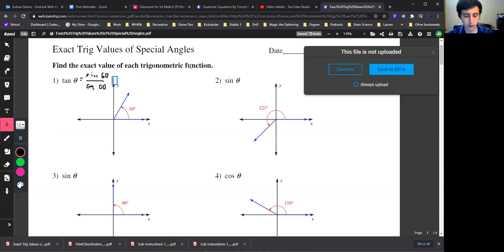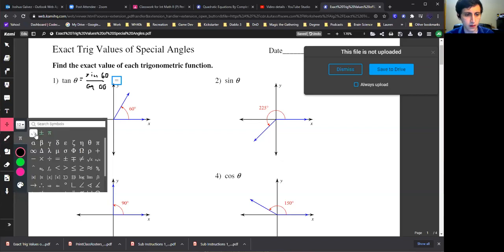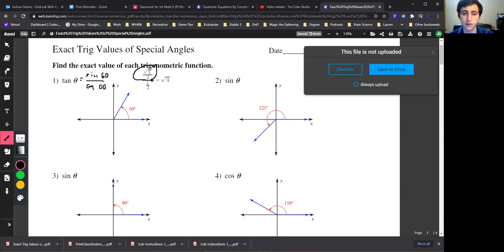So the top would be the square root of 3 divided by 2, and then we divide that by the cosine of 60, which was a half. So we have the square root of 3 over 1, or just the square root of 3. So the tangent of 60 degrees is the square root of 3. And you can see that in order to figure that out, it helps if you have these memorized. Okay, let's do another one.